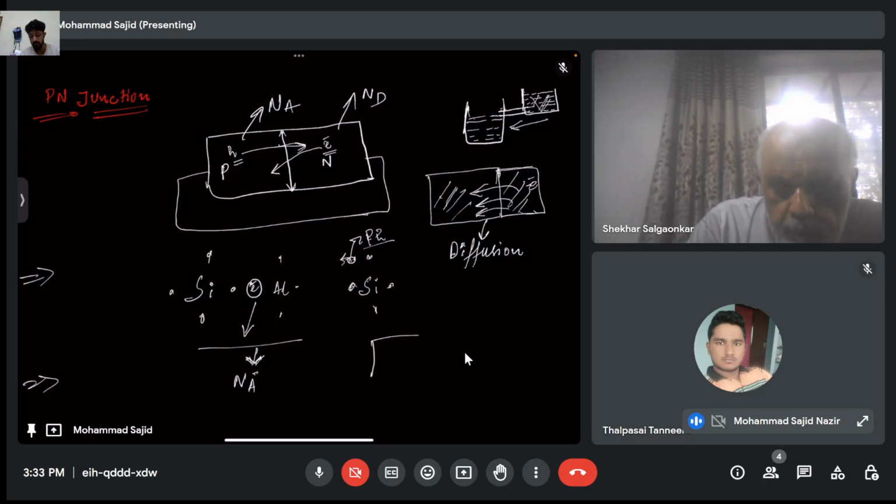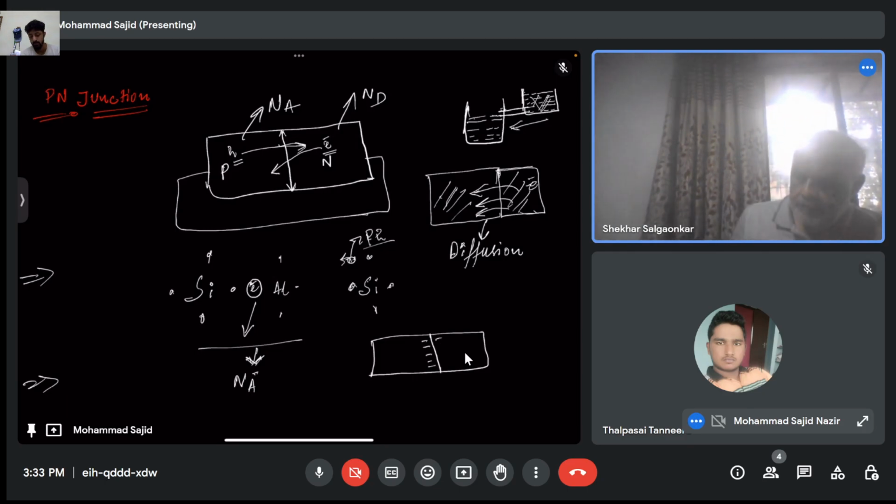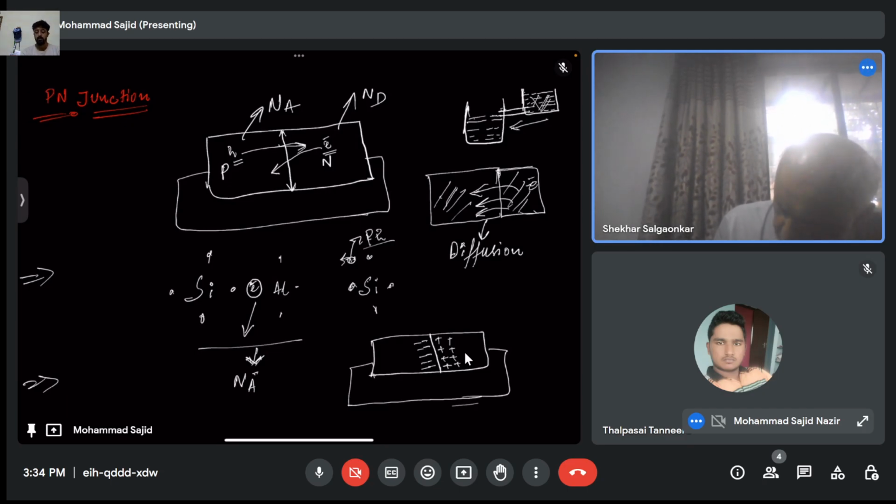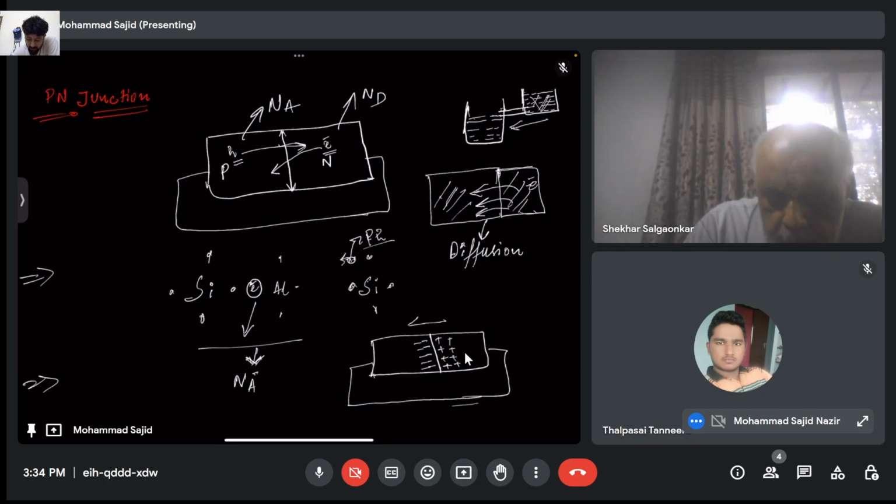So in the diode, you have this junction, and a charge will build up like this, right? Once you have this charge, you have an electric field in this direction.